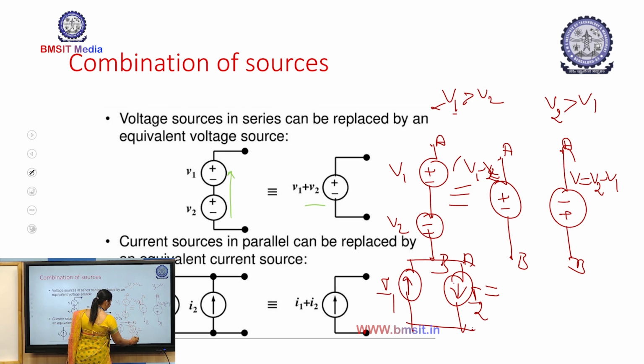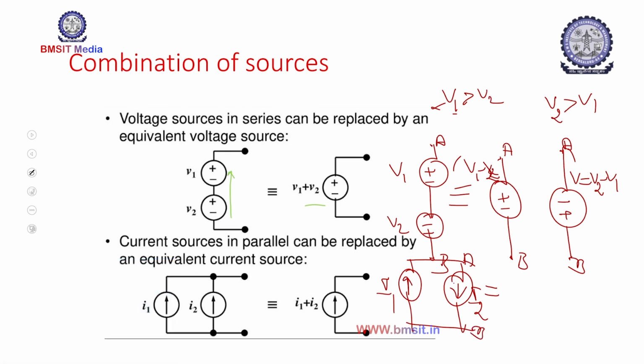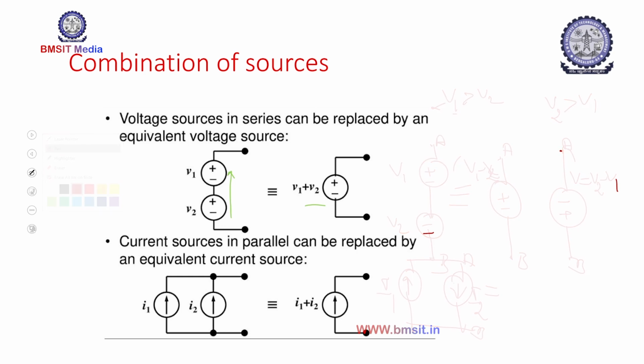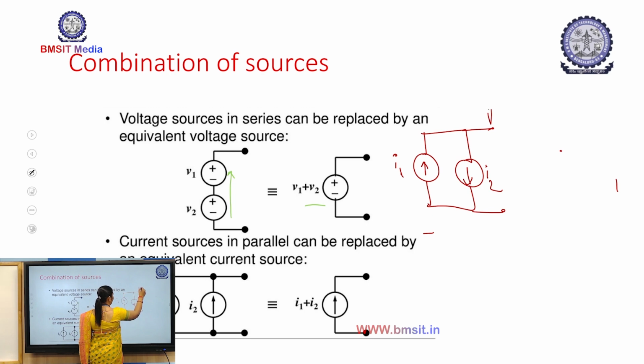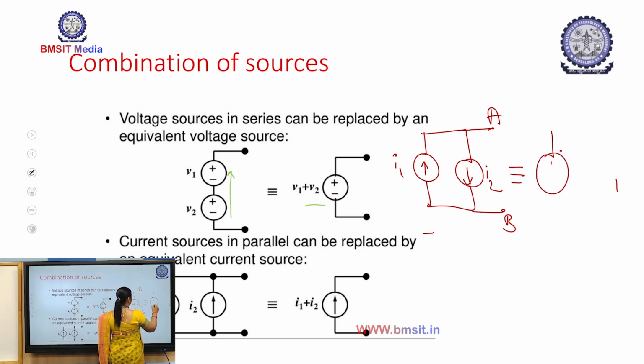let us consider this is A and B. Two sources are connected like this. This is I1, this is I2, across the two terminals A and B. The resultant source will be I1 minus I2, which is equal to Ix.